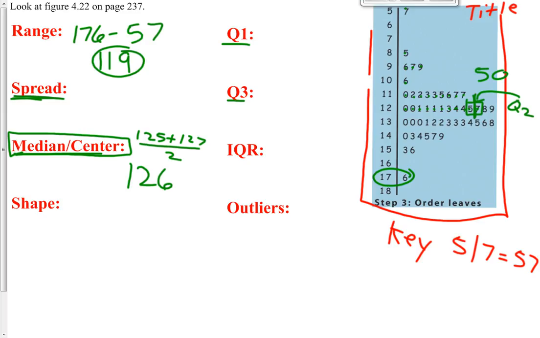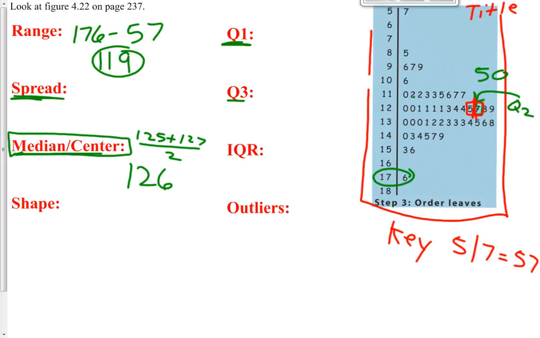Okay, so the average of these two is Q2. Now what we want to find next is Q1. Q1 is the median of the lower half. So here is the lower half, and I want to find the median of that. There are 25 data entries here in the lower half, so my middle is going to be the 13th data entry. Right here again is where Q2 is.